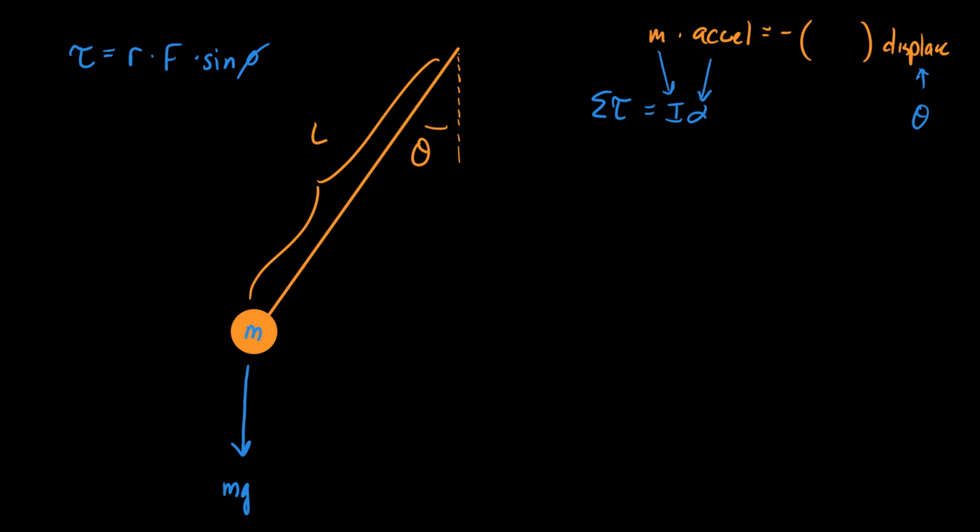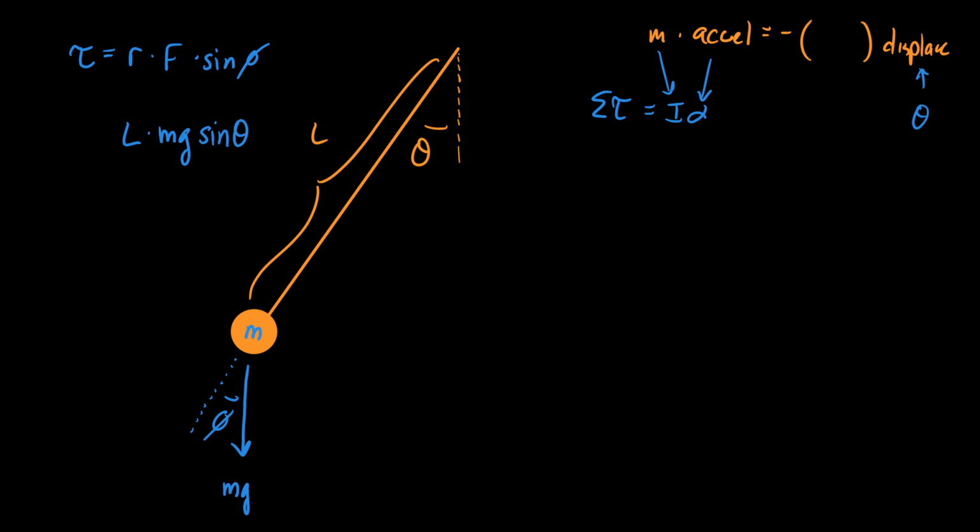L. What's the force that's acting on the system? What's that? Yep. And the angle that they want is this angle here. Can we agree that that's theta? It's got to be the same as the displacement. Can you see that? They're corresponding angles cut by a transversal. So this has got to be the sine of theta.